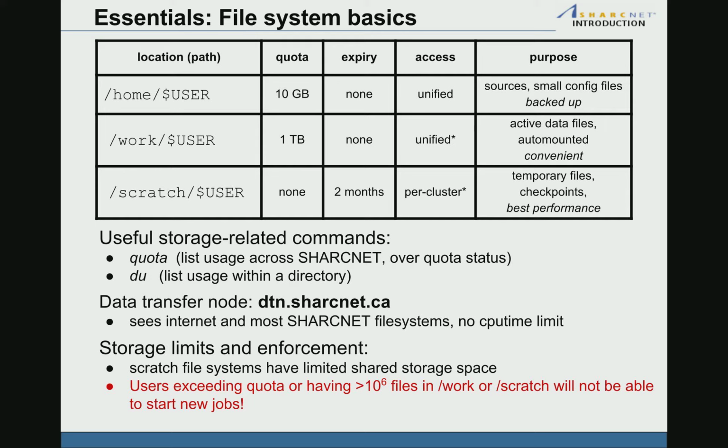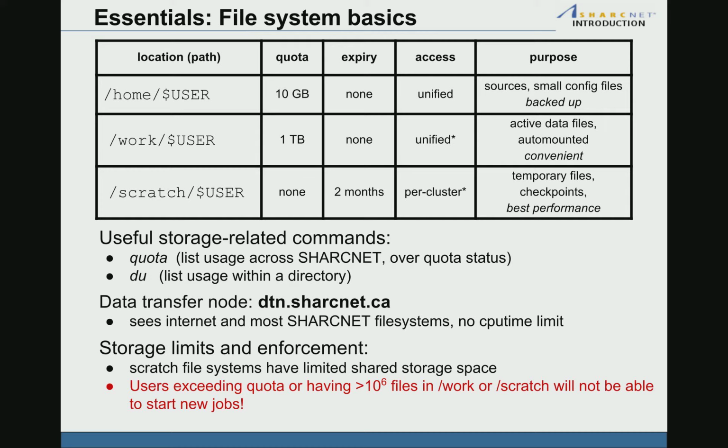So if I log into home, my user, I put a data set in there, or actually more likely a program, and then I leave that system and log into another system, let's say Kraken, then that same file will be there. I will be looking at the exact same file system. So given this 10 gig quota, no expiry, and a unified access system, the purpose of home is really for source files and small configuration files.